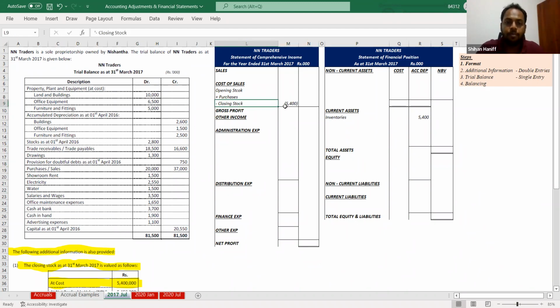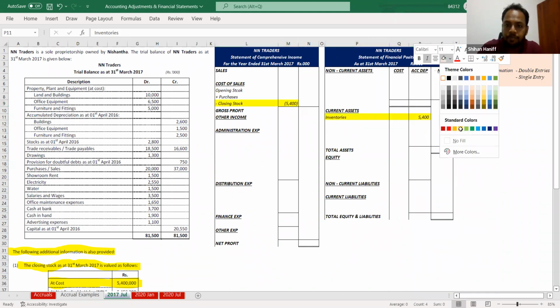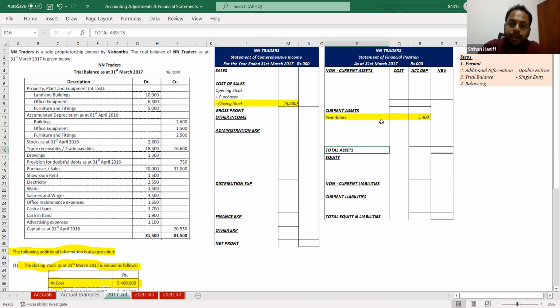So the double entry will be recorded in the financial statement. You have to take the lowest. Since the cost is low, there is no loss. This goes to two places.